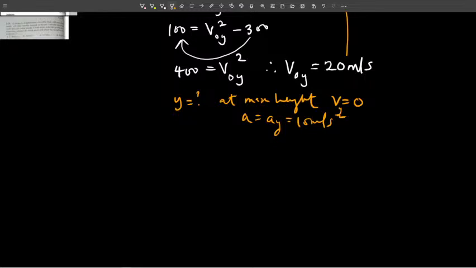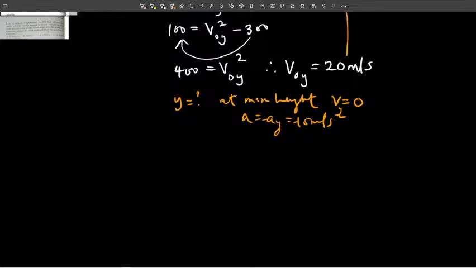Okay, the body is going up. So we're not considering the body coming down. All right, so that means our a is still minus. They only talk about the body going up. So a is still minus a_y, which is minus 10 meters per second squared.